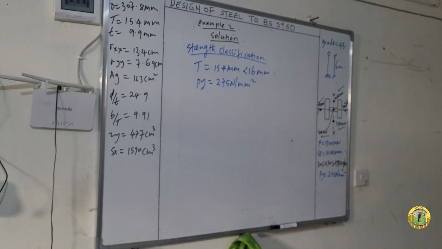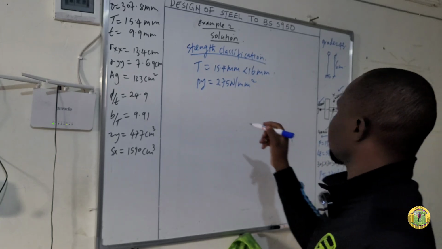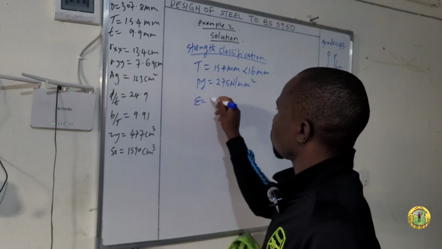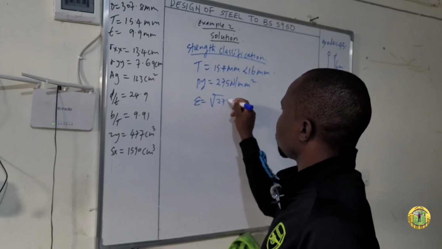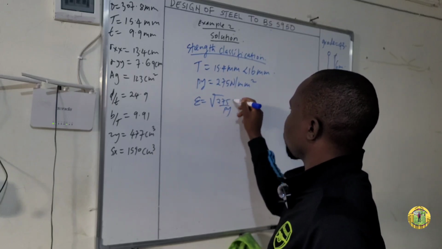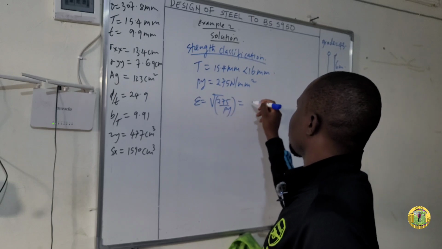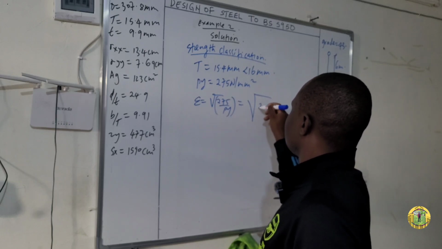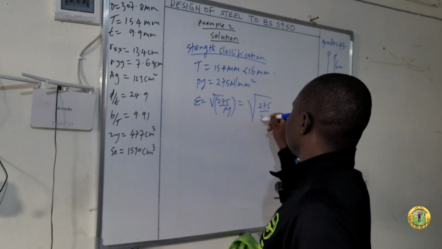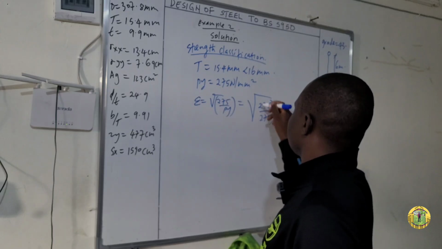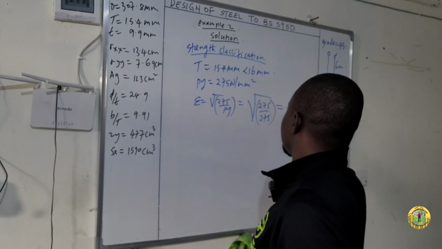After classifying the strength, we again classify the section. Before we classify the section, let's obtain this value, 275 over Py, which is equal to 275 over 275, which is equal to 1.